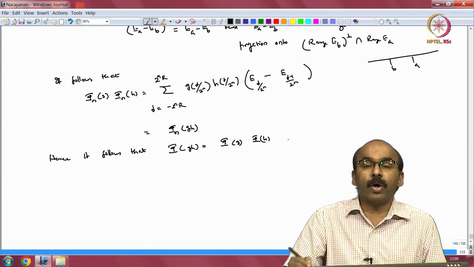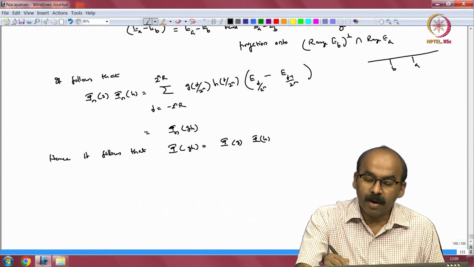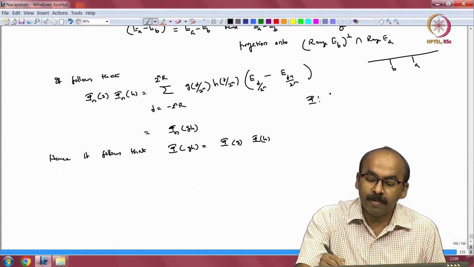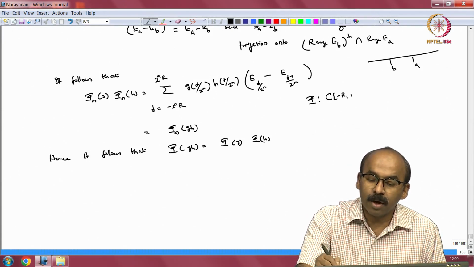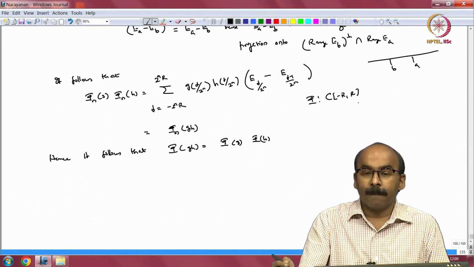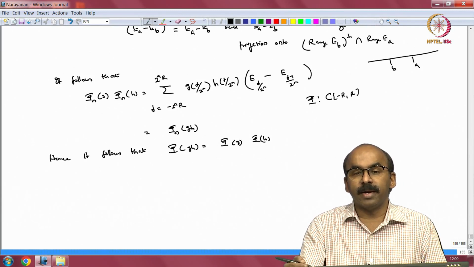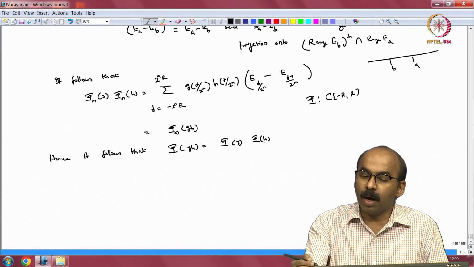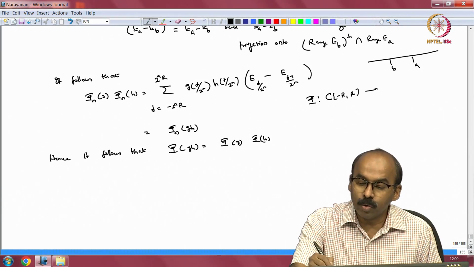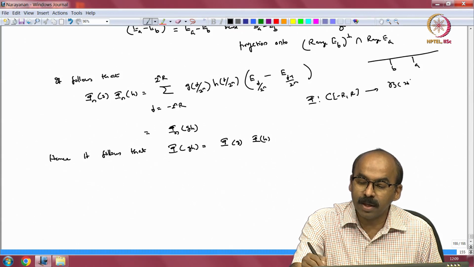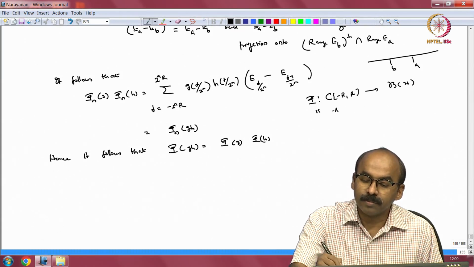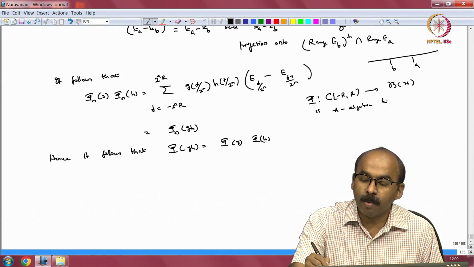So, the map phi is from continuous functions on -r to r, where the support of the resolution of identity is contained in -r to r, to B(H), and it is actually a star algebra continuous homomorphism.